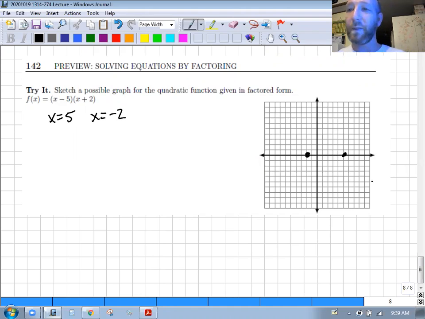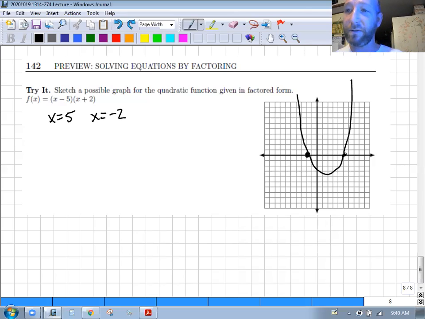All right. This thing either looks like that. All right. We know it's not like that because x times x is an x squared. It's positive. If the x squared was negative, then it would be upside down, remember? So that's a possible graph.